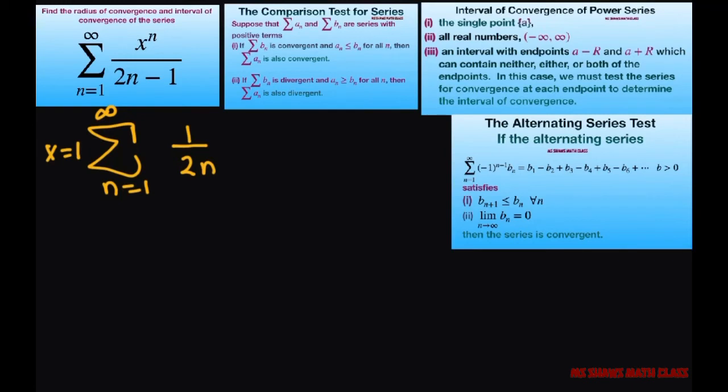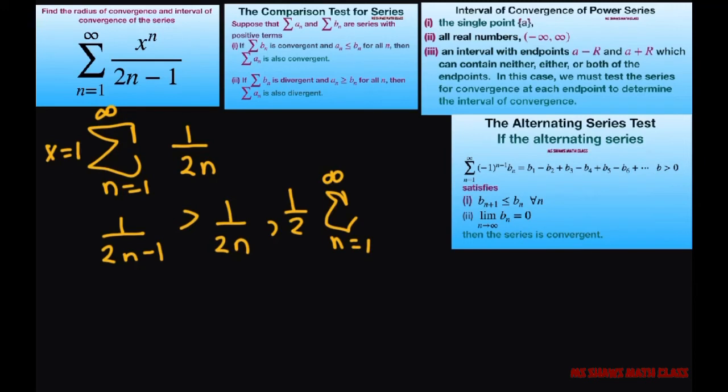Now, since 1 divided by 2n minus 1 is greater than 1 divided by 2n, and also that 1/2 times the sum of n equals 1 to infinity of 1 divided by n, it's divergent because it's a constant multiple of this harmonic series.